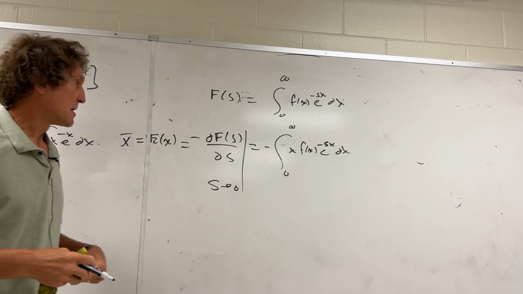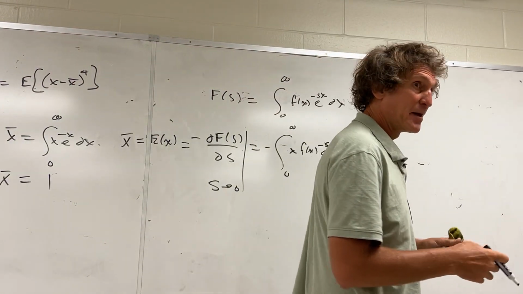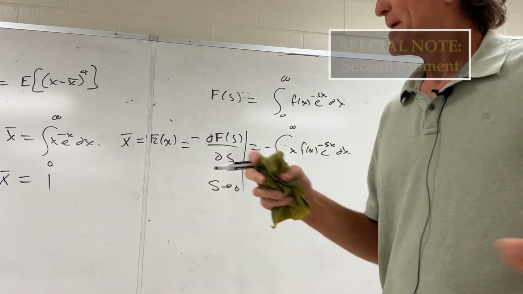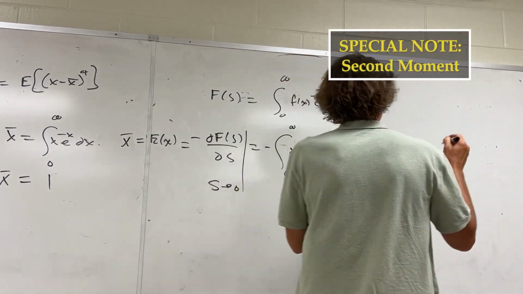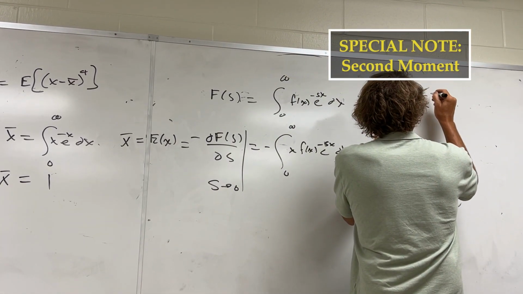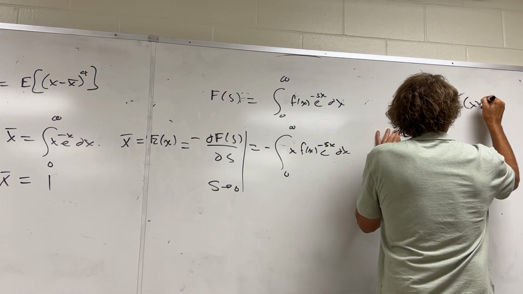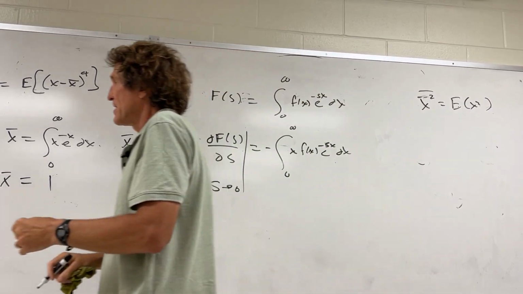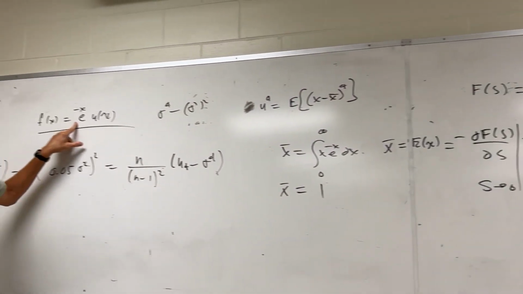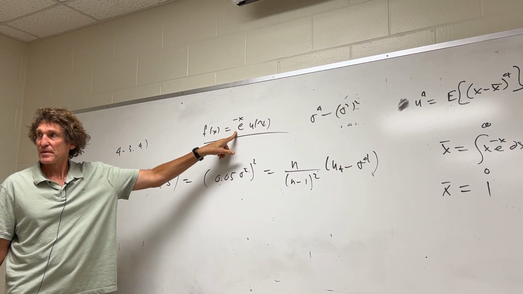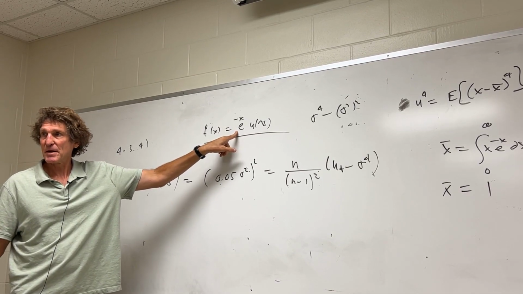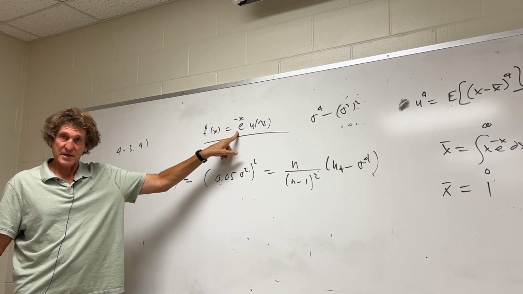That's first moment. What's second moment? Anybody? X squared. Take another derivative, right? So second moment, or the expected value of x squared. Now, you don't have to do it that way. You can go right here and multiply this by x squared and do the integration. It's an integration by parts again, but you can do it, or you can do it on the calculator, right?